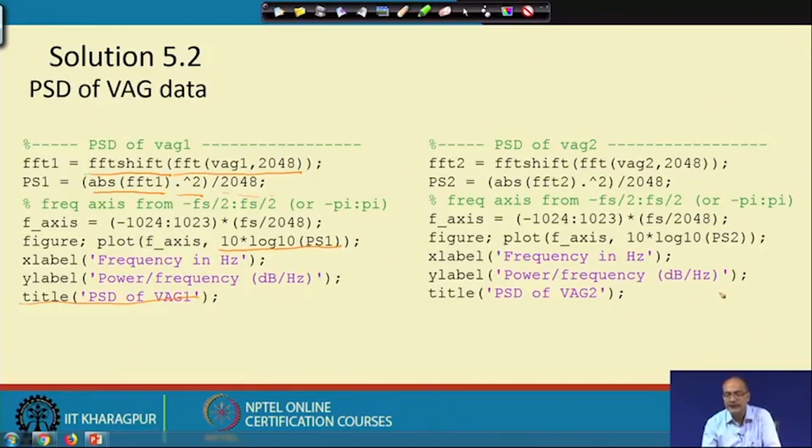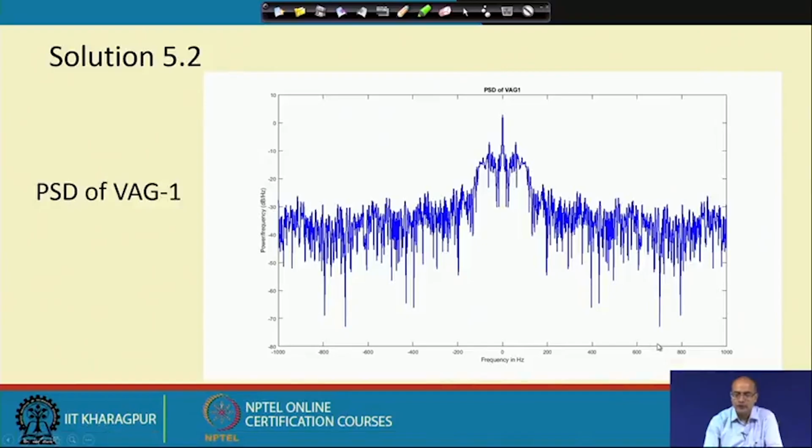Now, we repeat the same procedure for VAG 2, our second signal, okay, and we can get the spectra in the same way. So, let us see what PSD we get. First we see the PSD of signal 1, VAG 1, followed by the second signal, VAG 2.